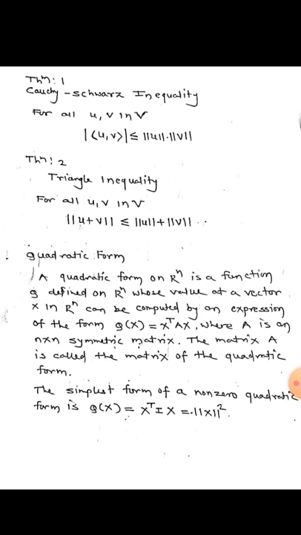The matrix A is called the matrix of the quadratic form. So the quadratic form definition is q of x equals x transpose A x, where x is the unknown vector x1, x2, x3.